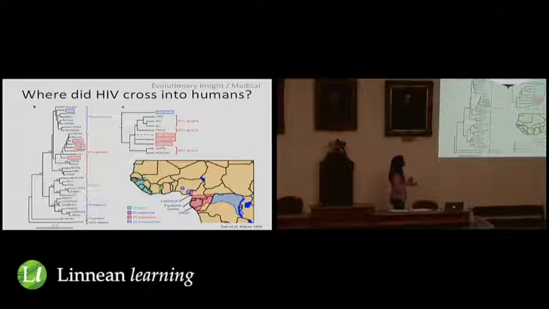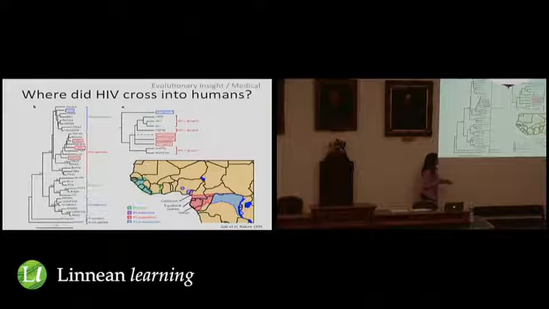And what they found was that the chimps that are present in the various regions can be distinguished by their DNA. So this tree on the left is based on the mitochondrial DNA, how similar these things are. And in this way, we can see that all of the chimps that come from a specific region generally tend to group together.